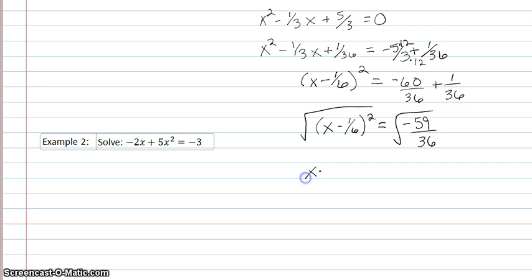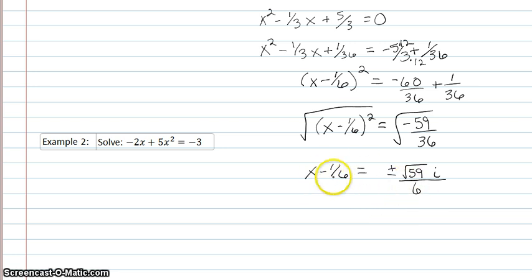Then I'll take the square root of both sides. So I'll have x minus 1/6 equals plus or minus the square root of 59i, because it was negative, so I need to take that negative out, making an i. And then the square root of 36 is 6.